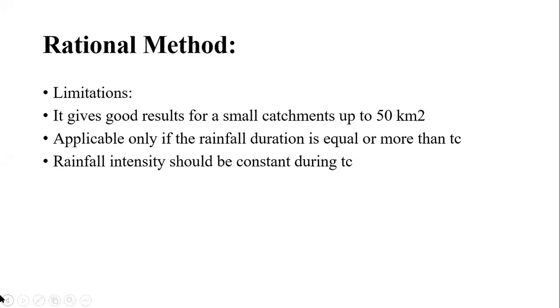And as those conditions change, the results which we will get by this method will be off. So we're assuming that those soil conditions remain constant up to 50 square kilometers. So it gives good results for a small catchment area up to 50 square kilometers.